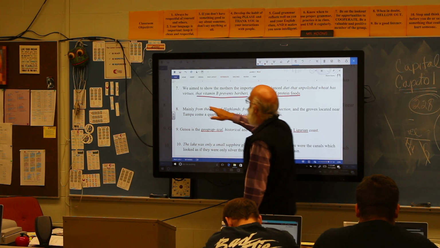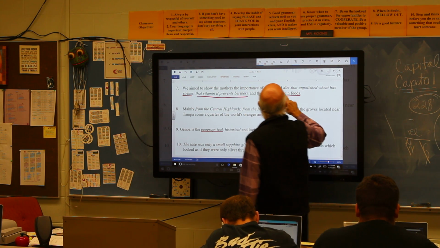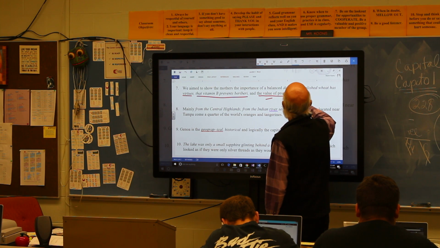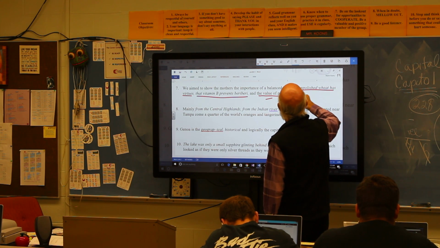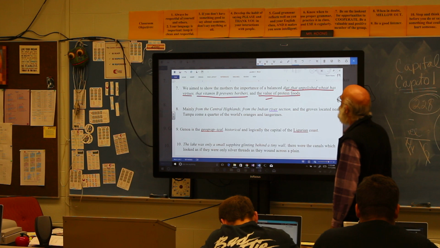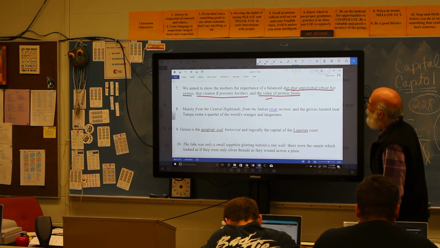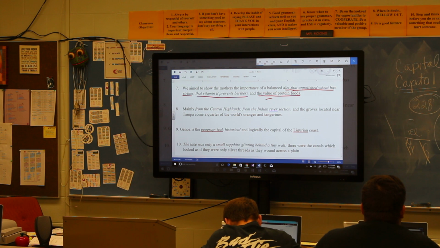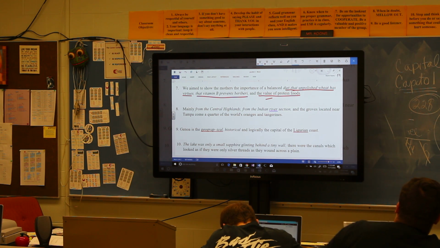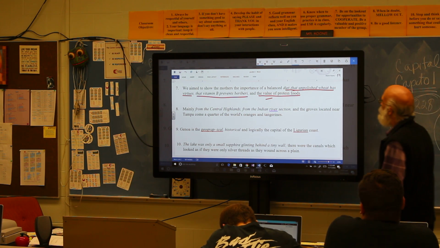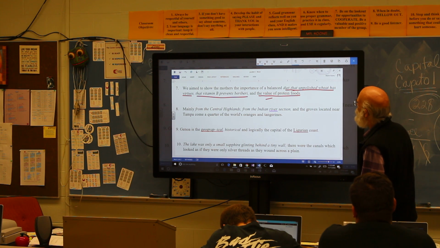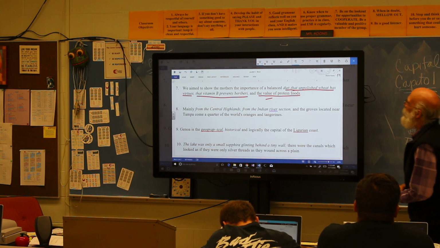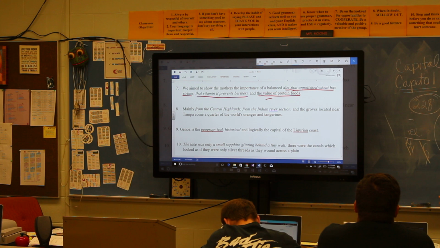And then, since there's a comma, we know that this has got to be one, two. So, do you notice any similarities between those three? That unpolished wheat has virtues, that vitamin B prevents beriberi, and the value of protein foods.